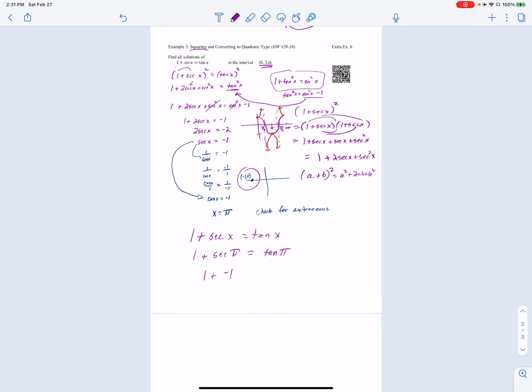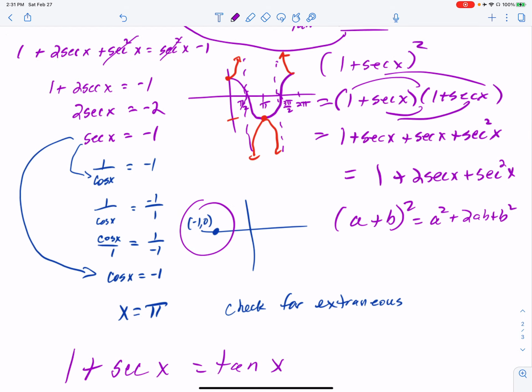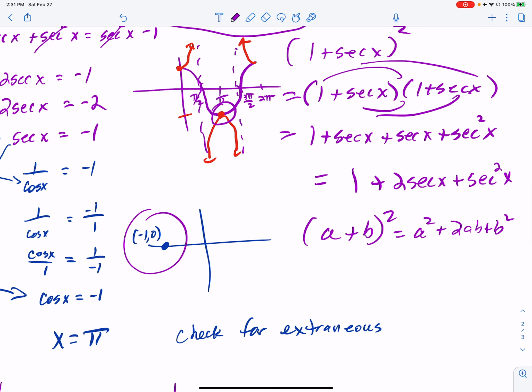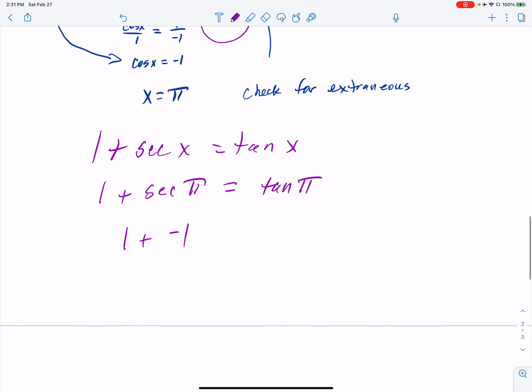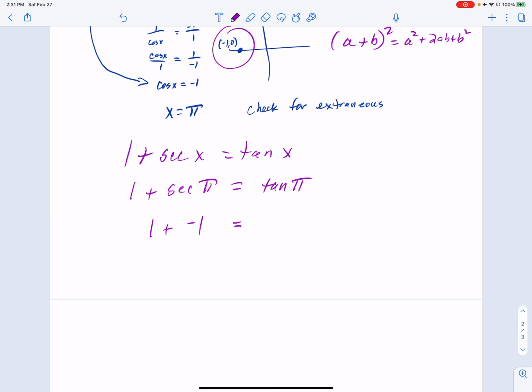Or from the graph that I showed up here, secant is negative 1 at pi. And then tangent of pi is your y over your x. So again, on the unit circle, you have negative 1, 0. And so your y over x is 0 over negative 1, which is 0. So tangent of pi is 0. You get 0 equals 0, and they check.